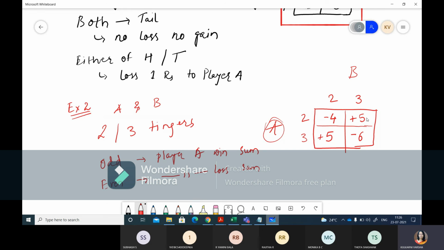Sometimes they may ask to explain the game theory. In that case you can take one example like this and explain what game theory is and how to formulate it with an example. So you can give either one example.